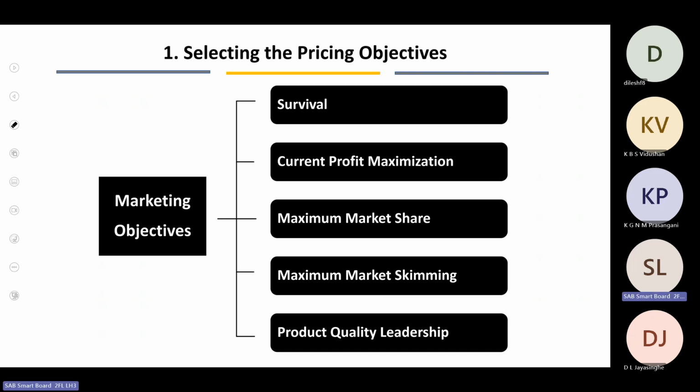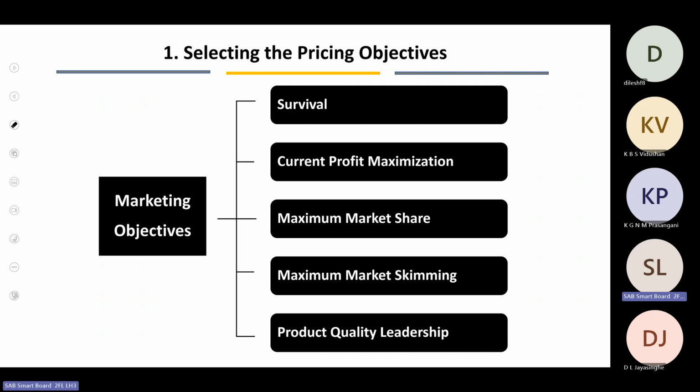Yes, a low price with which we can cover our cost, because we just need to survive in the market.